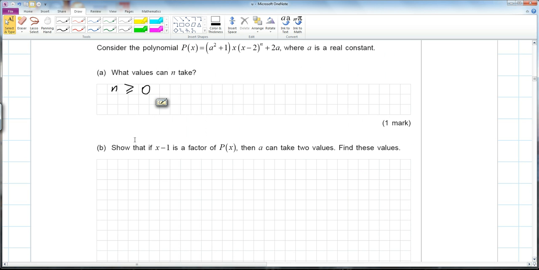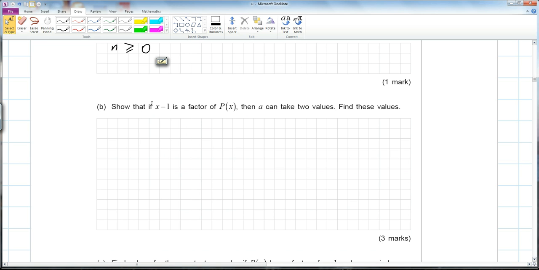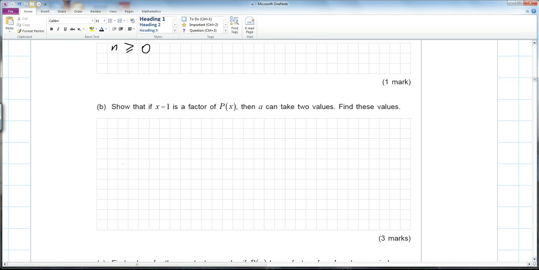So we've got a polynomial, and we want to show, if x minus 1 is a factor, the two values that a can take. If x minus 1 is a factor, then we can deduce that p of 1 equals 0.